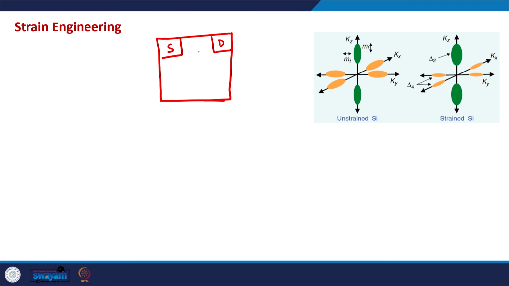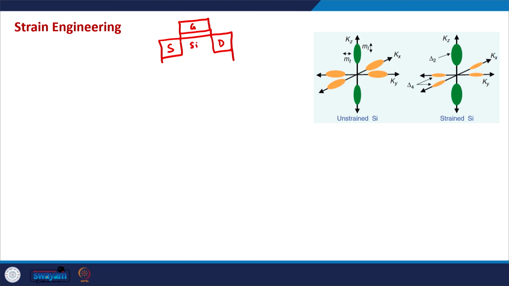Let me draw an ETSOI MOSFET. So we have this kind of structure: silicon is there, this is the silicon channel, source and drain are there, this is oxide, this is the gate electrode.